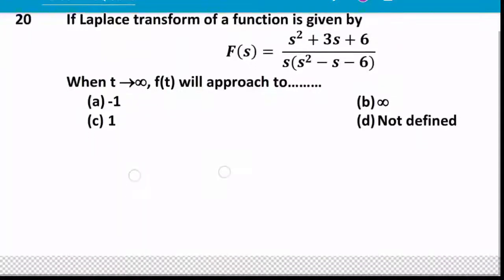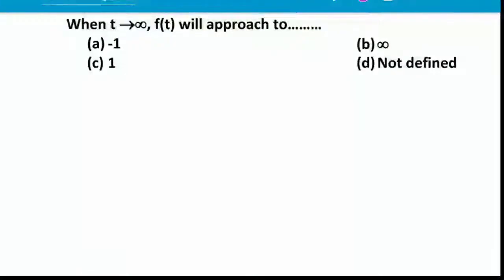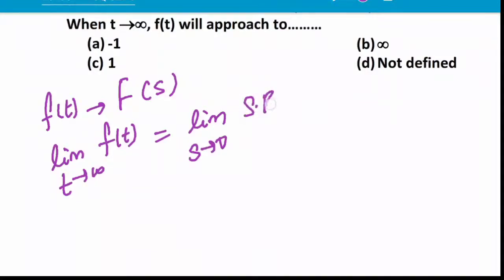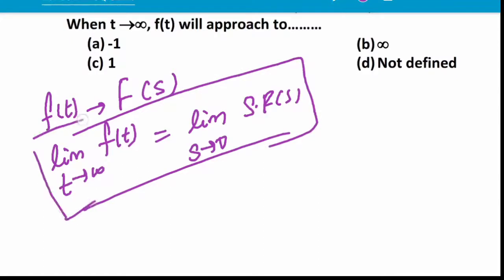is defined as follows; I am giving the final value theorem first. Suppose f of t has the Laplace transform capital F of s, then the limit as t tends to infinity of f of t is equal to the limit as s tends to 0 of s into F of s.